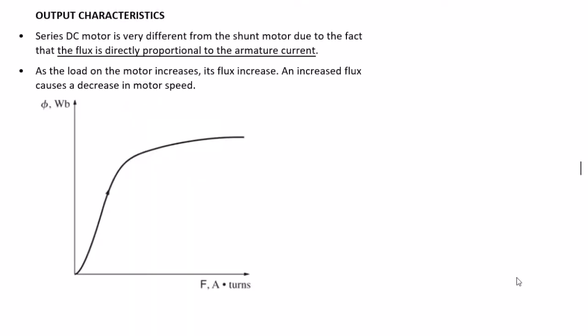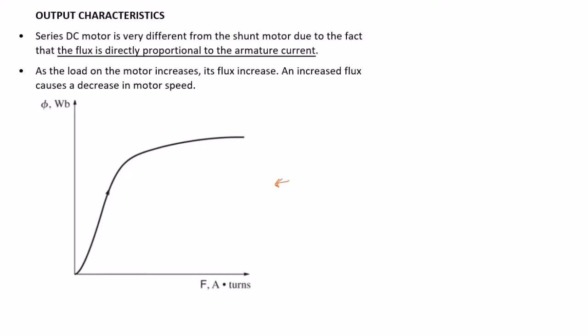Now we'd like to see the characteristics of this series DC motor. A series DC motor is very different from the shunt motor due to the fact that the flux is directly proportional to the armature current. The flux normally has some proportionality to the field current, not the armature current, which can be seen from this magnetization curve.